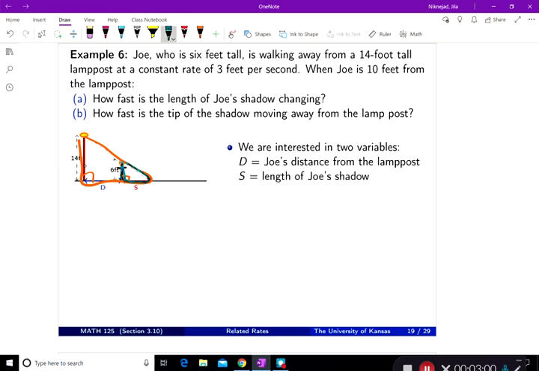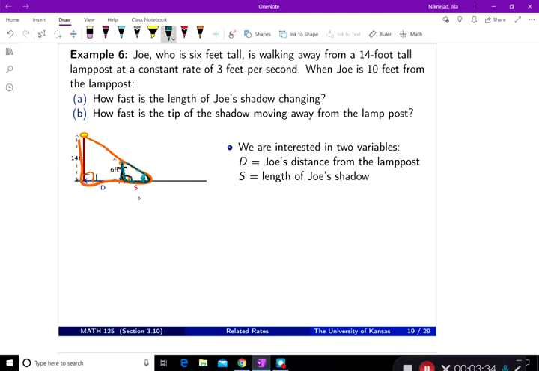According to what we learned in geometry, when there are two triangles sitting like this, sharing this angle, and they both have a right angle, that means all three angles of the two triangles are congruent, and therefore the two triangles are similar triangles.